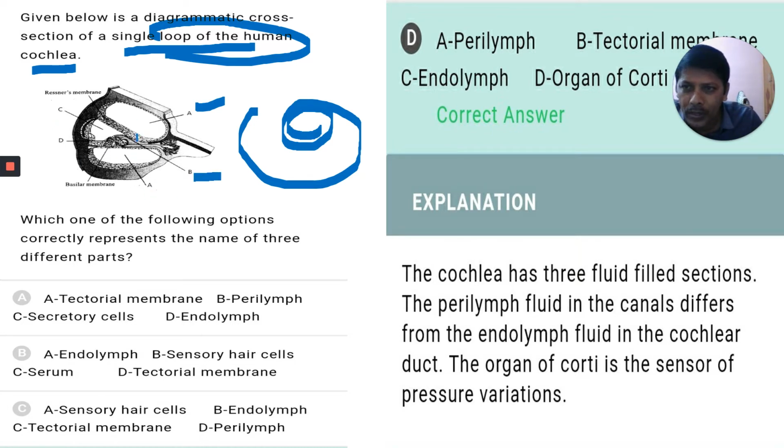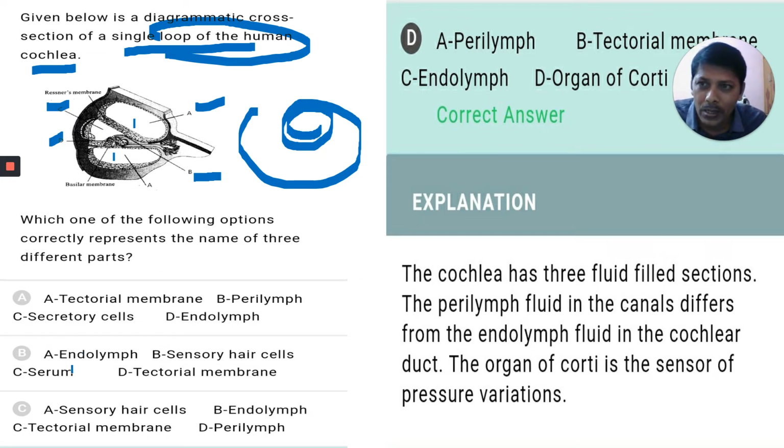These two consist of the same type; the same part is present. That means perilymph is present here, and Reissner's membrane C is given here, and D is here. They are asking: A is the tectorial membrane, B is the perilymph, C is the secretory cells, and D is the endolymph.